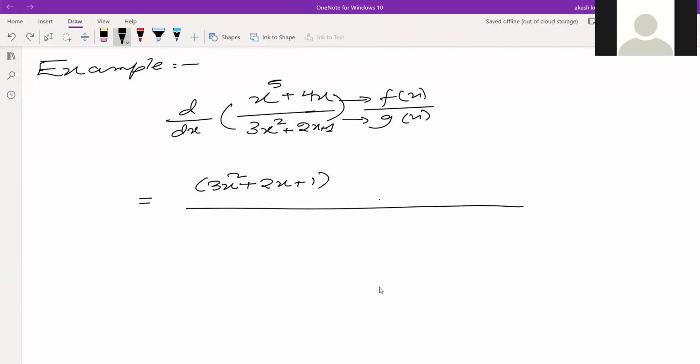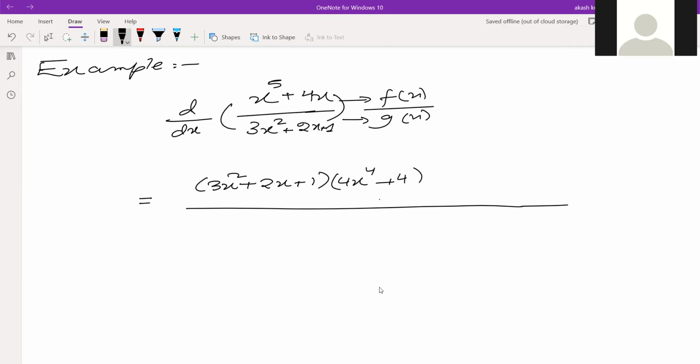And then the other one is the derivative of f of x, 4x4 plus 4, right? Is it clear? It's 5x4, not 4x4.